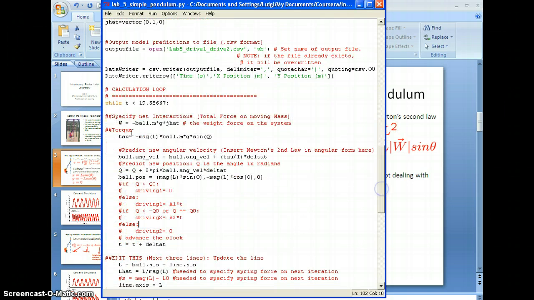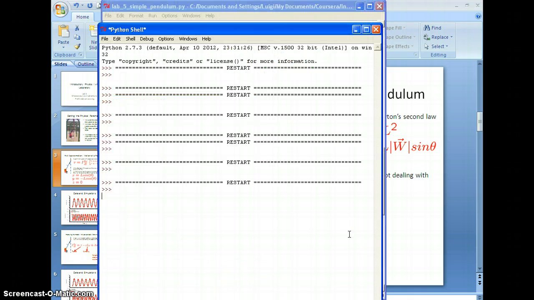Then down in our calculation loop, which goes for the whole length of the video, about 19.5 seconds, we calculate the torque, insert it in the expression for the angular velocity, calculate the angle theta, and use that for the vector position of the ball. So let's run the Python code.